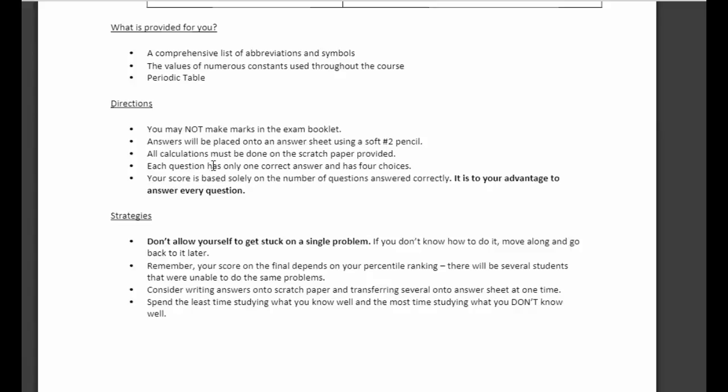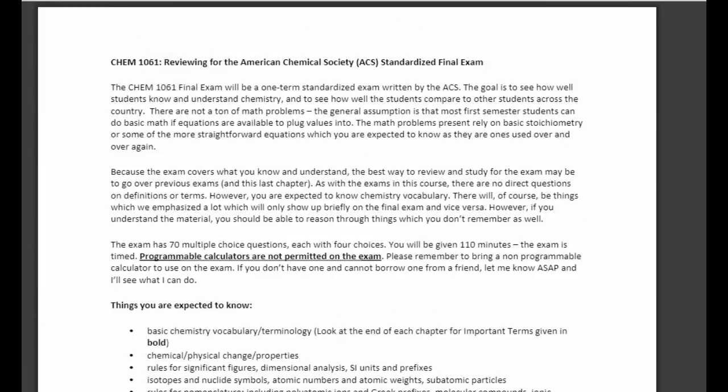What else? We'll talk specific instructions about it, but one very important thing, we mentioned this at the very start of the semester, but programmable calculators are not permitted on the final exam. So if you have not yet, I would highly recommend going to Walgreens or whatever and paying $10 for just a regular scientific calculator so that you have time to practice and figure out how it all works.